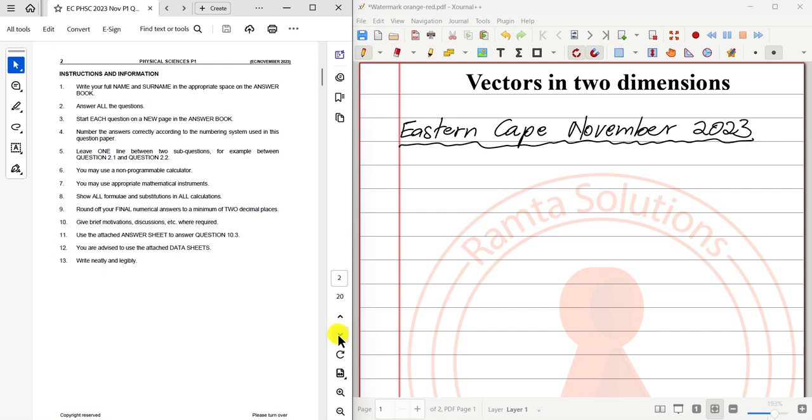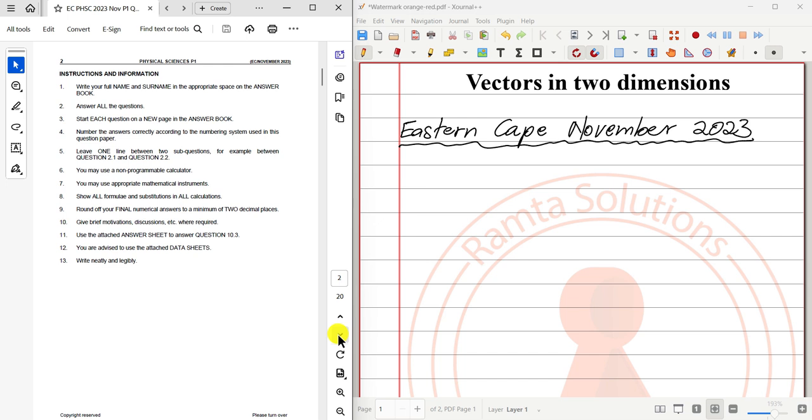Check this out. Instruction number 8 says, show all formulae and substitutions in all calculations. Instruction number 9, round off your final numerical answers to a minimum of 2 decimal places. Now, we should add a tip on this.